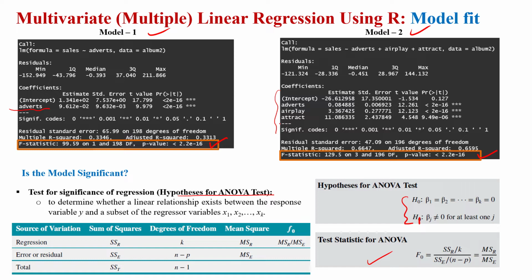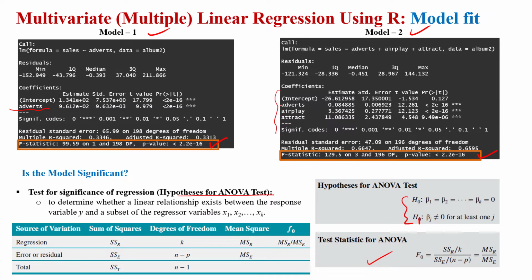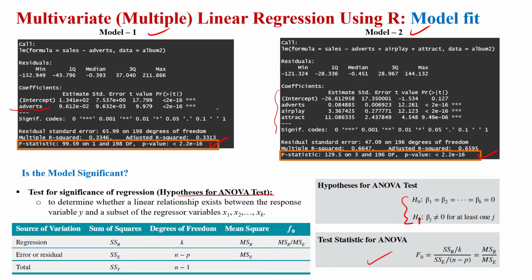But now the question is which one is the better one? Whether model 1 is better or model 2 is better. For that we apply another F test statistic, which would be able to tell us whether model 1 is the good fit for this particular data set or model 2 is.